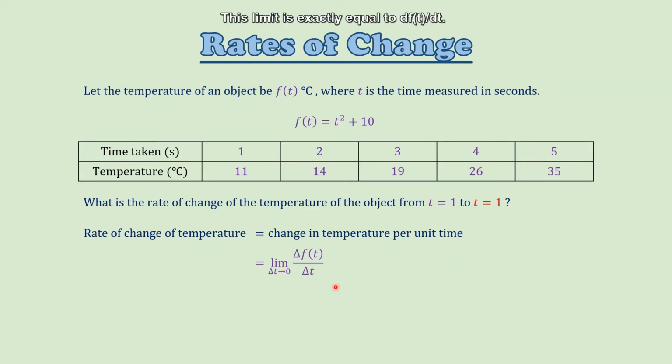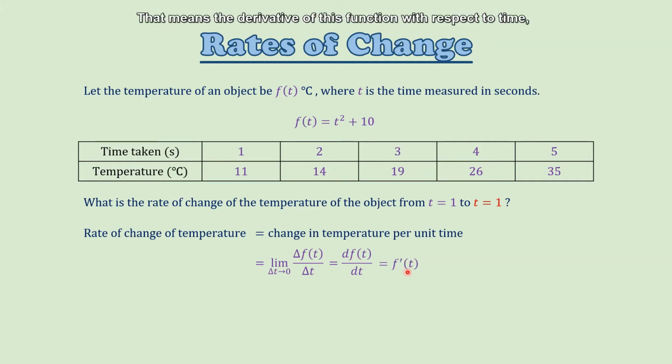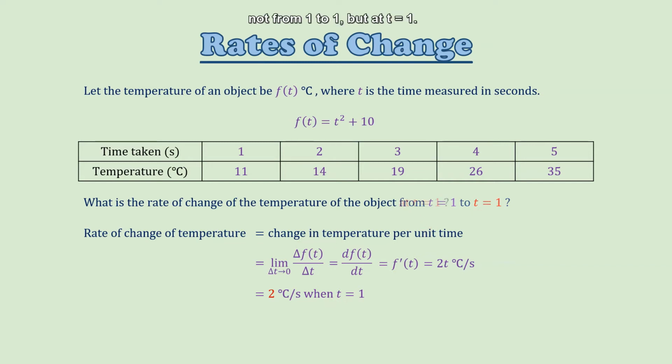This limit is exactly equal to df/dt, that means the derivative of this function with respect to time. And when we differentiate this, we can get that it is equal to 2t degrees Celsius per second. Therefore, we can get that the rate is equal to 2 degrees Celsius per second when t is equal to 1. And that's the rate of change of the temperature, not from 1 to 1, but at t equals 1.